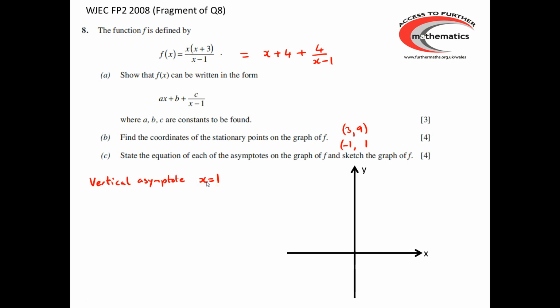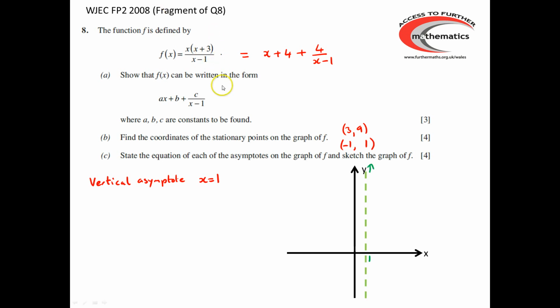So we'll mark this vertical asymptote in on our sketch graph straight away. Now, if x is a little bit bigger than 1, then x times x plus 3 is roughly 4, divided by a very small positive number. So the value of f of x is going to be very large and positive.